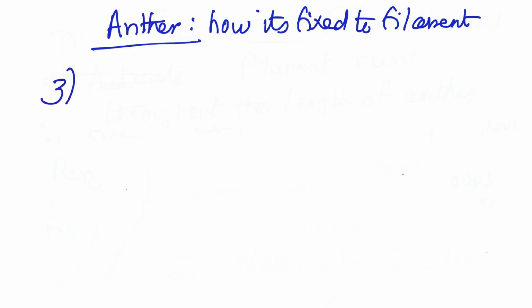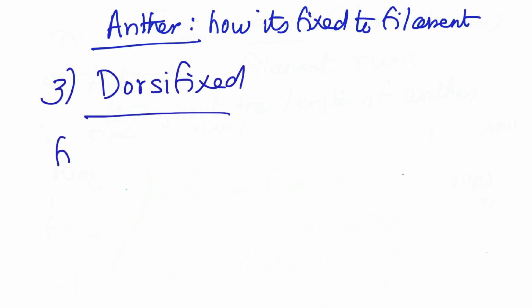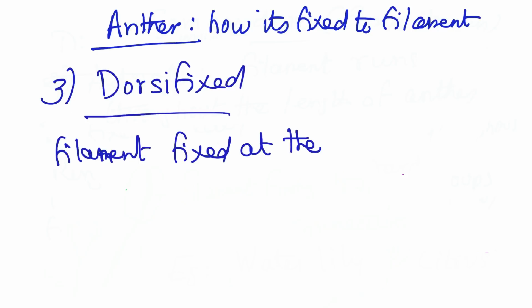So going on to the third case, which is called Dorsifixed. Dorsifixed is the case in which the filament is fixed at the back of the anther. So you can see that the anther is forming something like an angle with the direction of the filament. That's a key point.